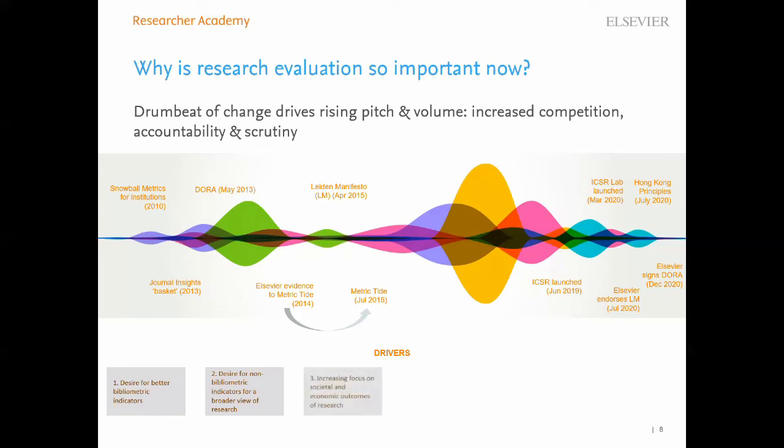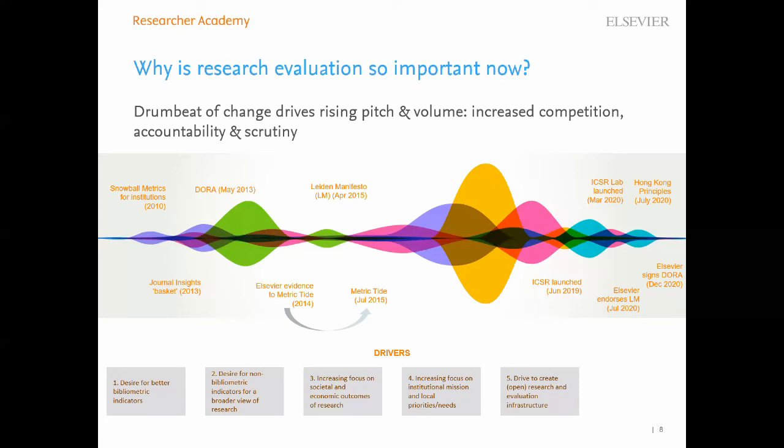Thirdly, an increasing focus by funders, governments and the public to get a clear picture of the societal and economic outcomes of research in a truly global sense. Fourthly, and very complementary to the third point, there's an increasing focus on institutional or university missions and how they are impacting local communities. The fifth driver is open research and evaluation infrastructure.